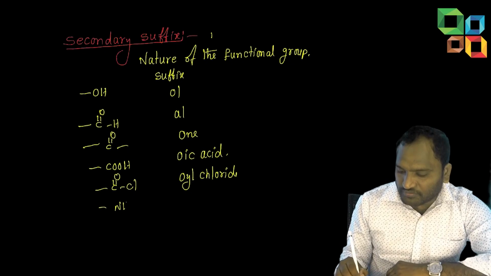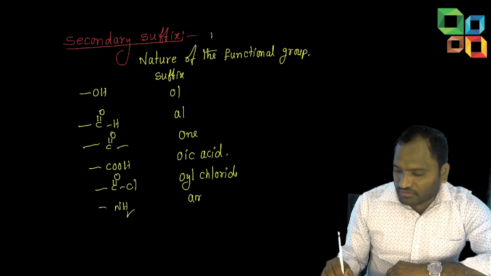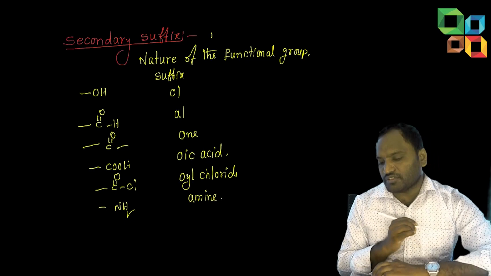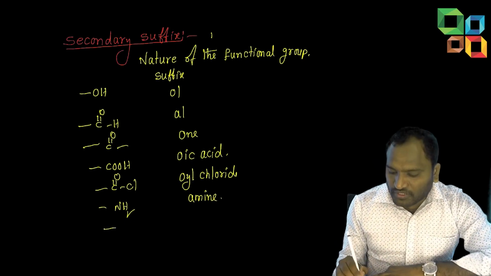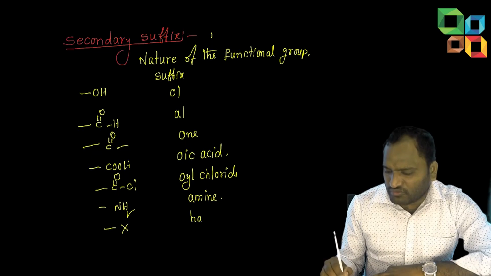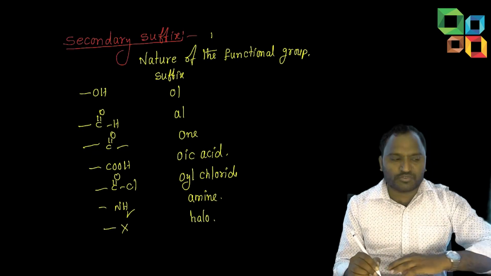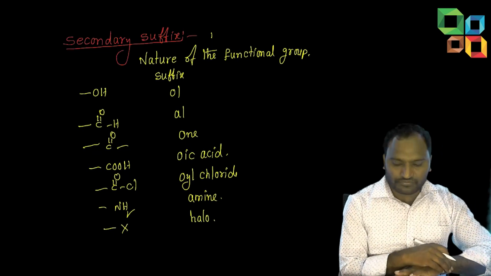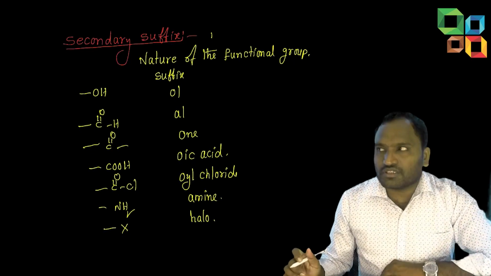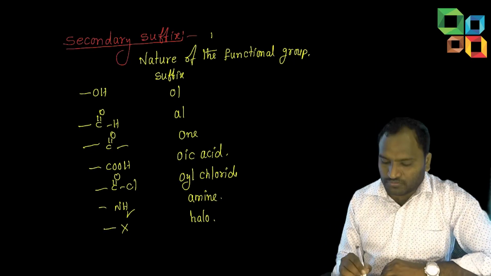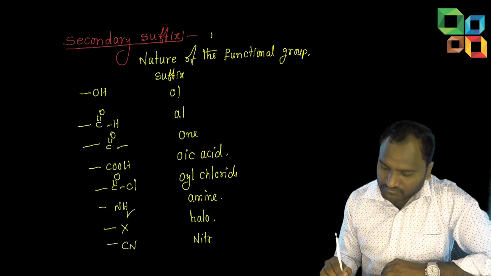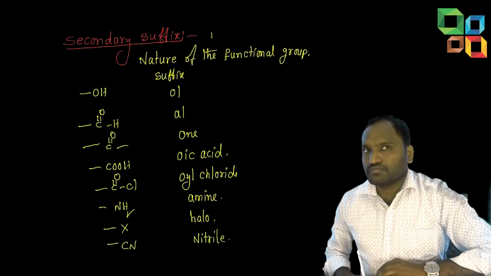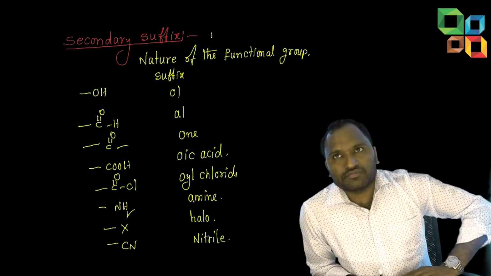NH2 group is there, amine. Secondary suffix is amine. X is there, halo. Generally, it won't act as a functional group; they always substitute only. Yes, these are the important functional groups. CN group is there, nitrile.